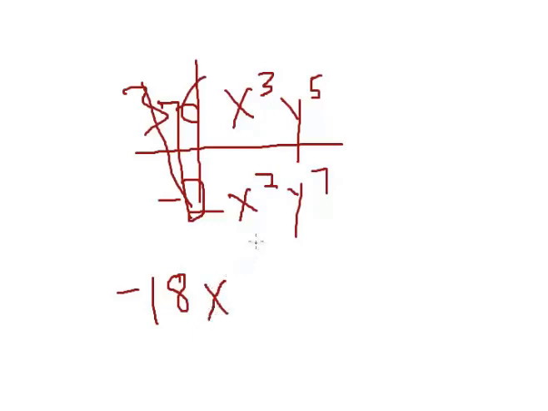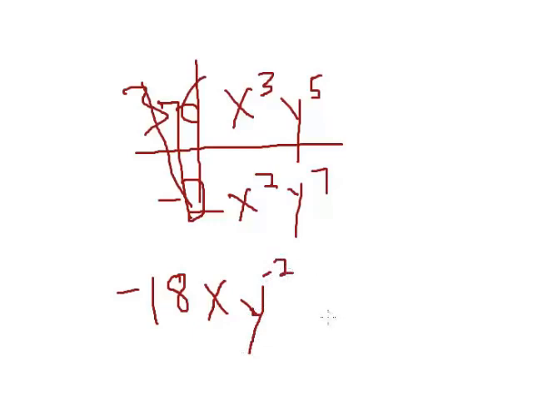With the y, it's slightly more complicated, because we have y to the fifth divided by y to the seventh, which means you subtract the exponents. 5 minus 7 is, of course, negative 2, and there are two ways you can do this. Either you can just say y to the negative 2.